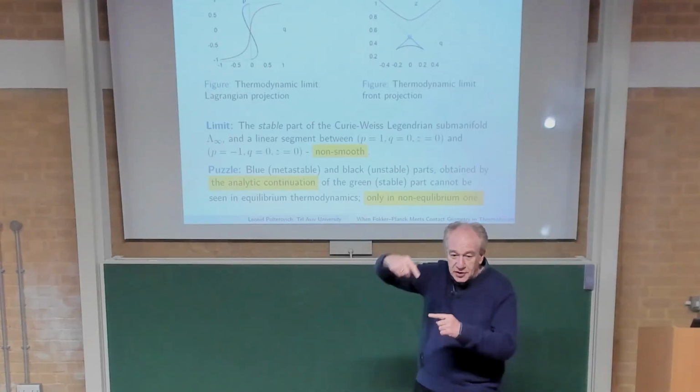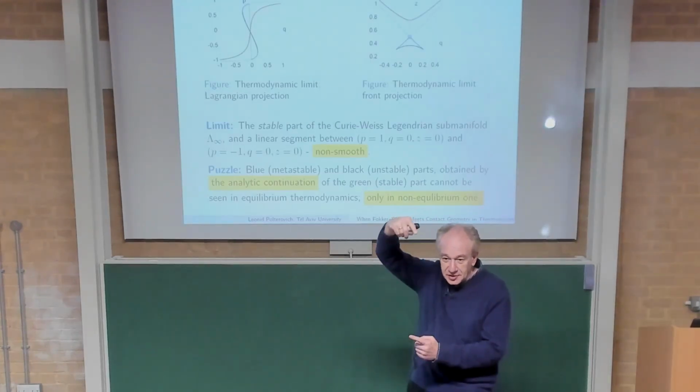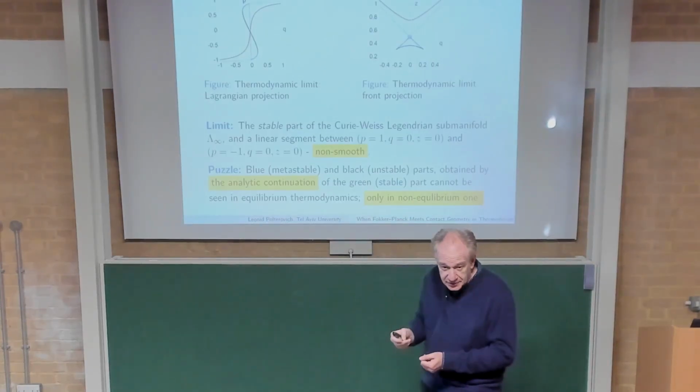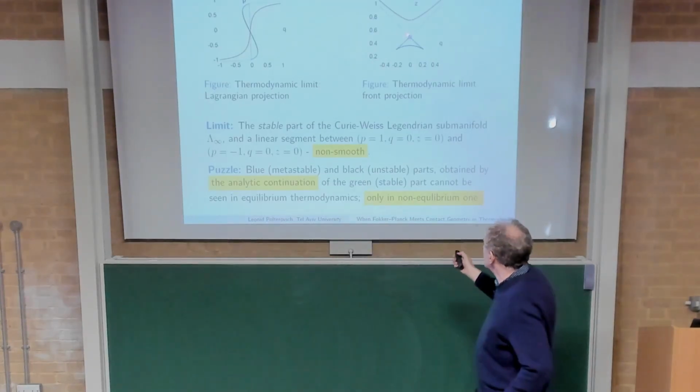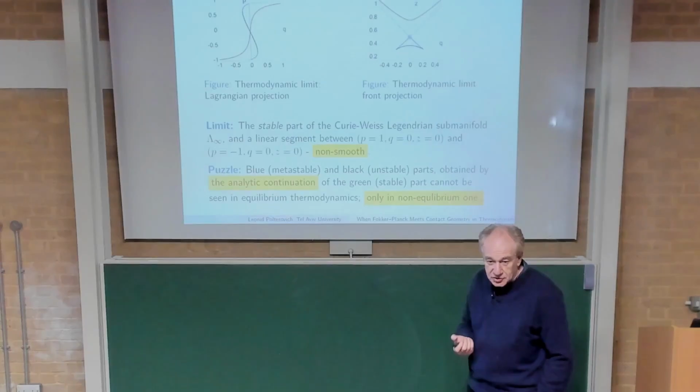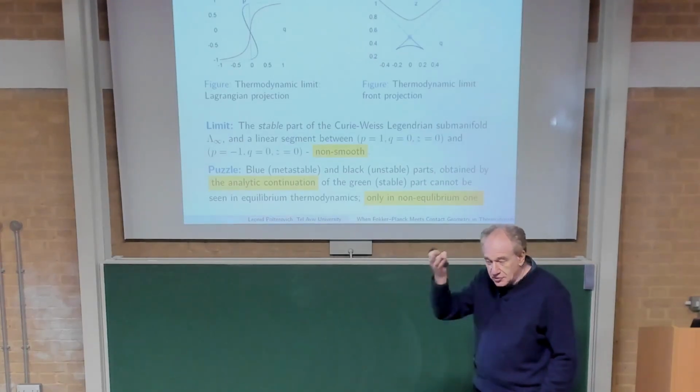We have 2 smooth branches and this vertical segment, so we can analytically extend these branches, and we will get the full thing. So one can say that the blue thing and the black thing are obtained by analytic continuation of this picture, okay, in dimension 3 and projection.